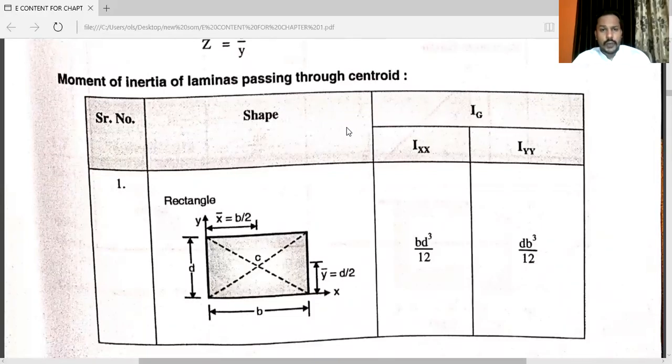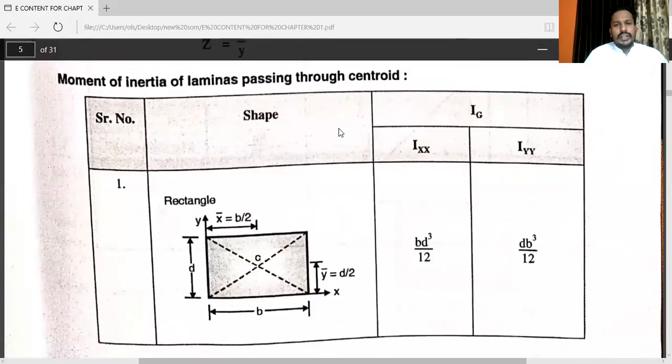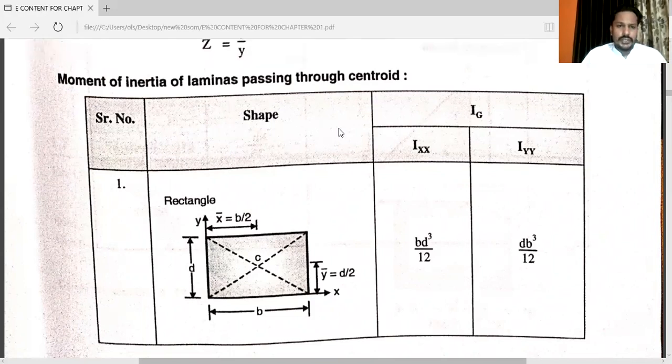But while watching this video, if you refer to the E content, definitely it will be more useful and easy to understand, because whatever I am explaining here is given in the E content.